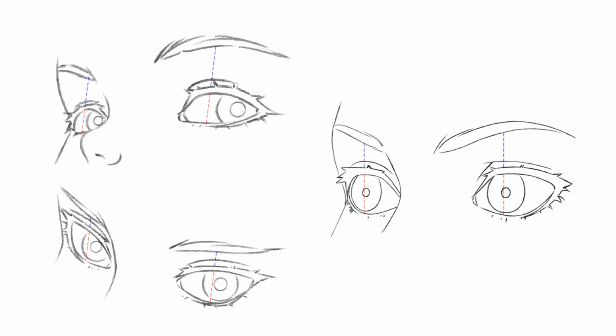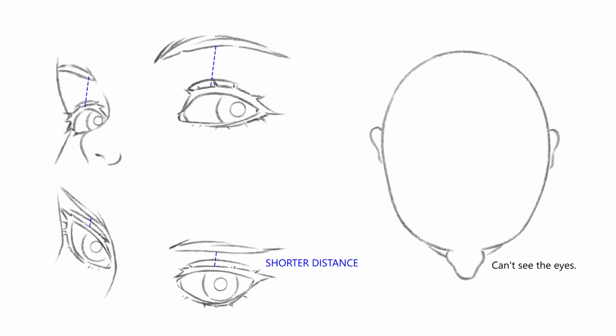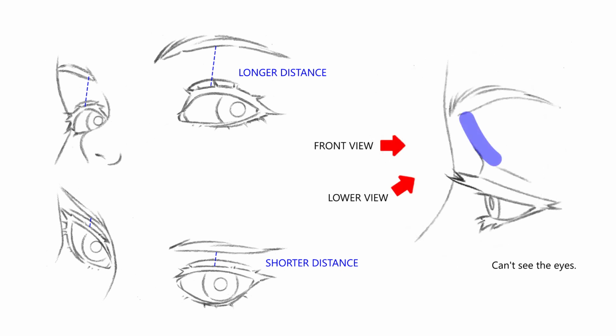However, the distance between the eye and the eyebrow gets smaller in the upper view and will eventually disappear as we approach a complete top view, where the eyebrow will cover the eye entirely. On the contrary, this distance between the eye and the eyebrow will increase a little in the lower view. We now have a more frontal view of this area, which was actually in perspective in the front view.